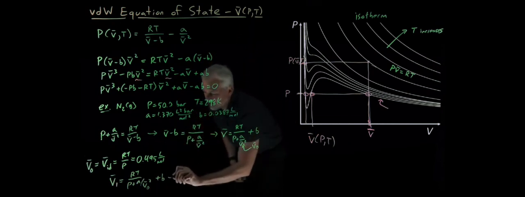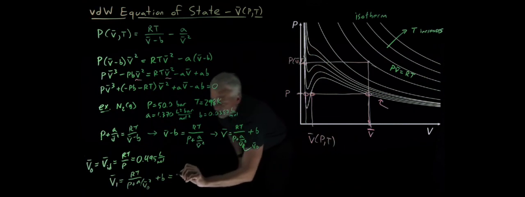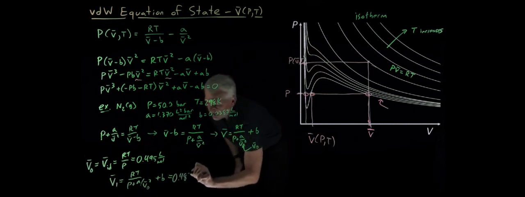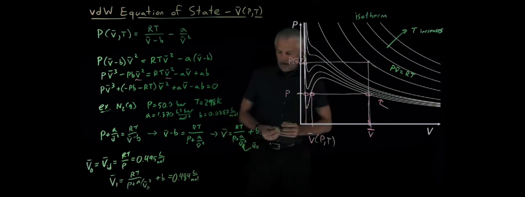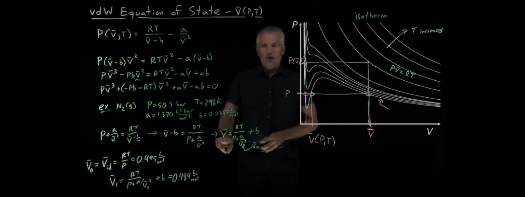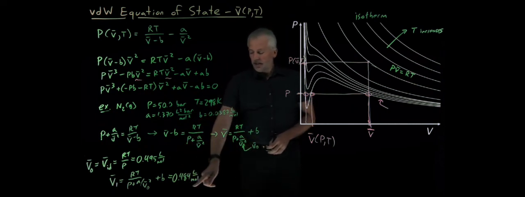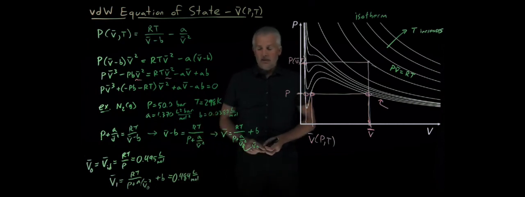When I crunch the numbers to evaluate that, I get 0.484. So that's bad news. I didn't guess the right answer. The ideal gas answer wasn't correct. When I plugged 0.495 in here, I got 0.484 out over here. But it's not terrible news because the numbers are not terribly different. And this is, in fact, a better estimate of the molar volume than the ideal gas estimate was.